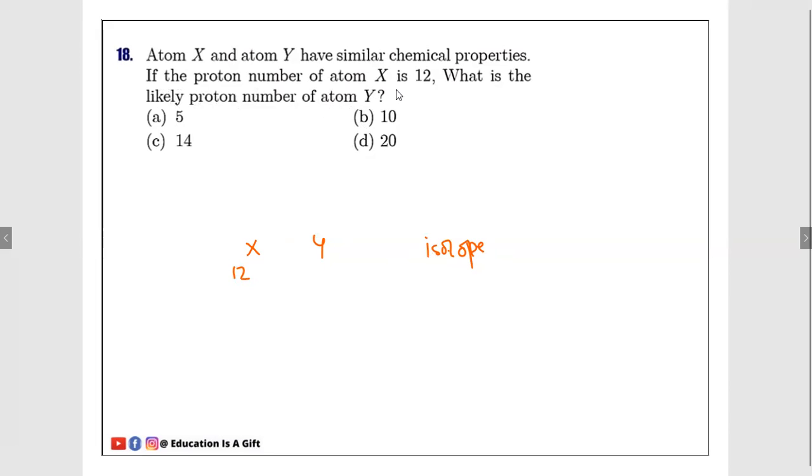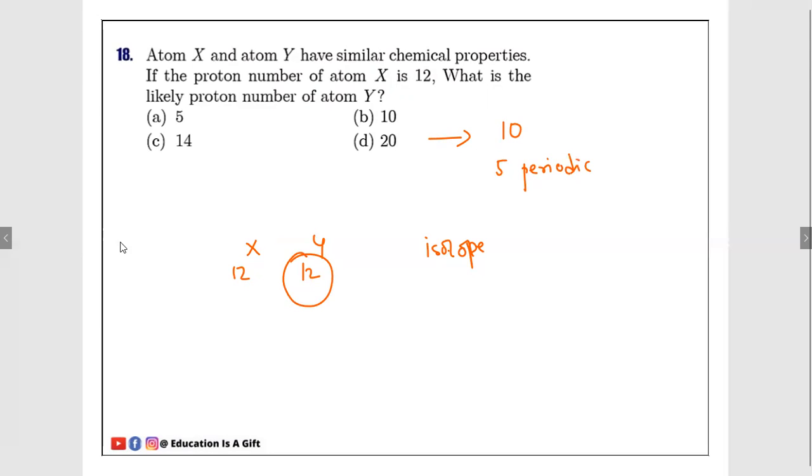So it should be 12. But if you observe the options 5, 10, 14, 20, we don't have 12, so we should not say that the question is wrong. You have to compare this question with your grade 10 chapter 5, periodic classification of elements.